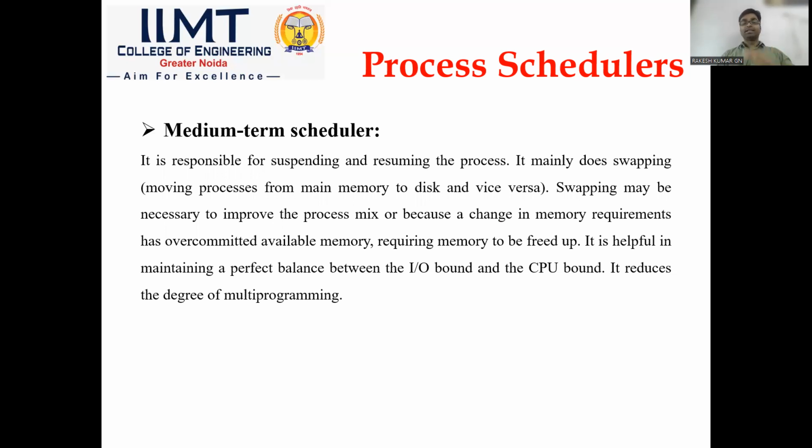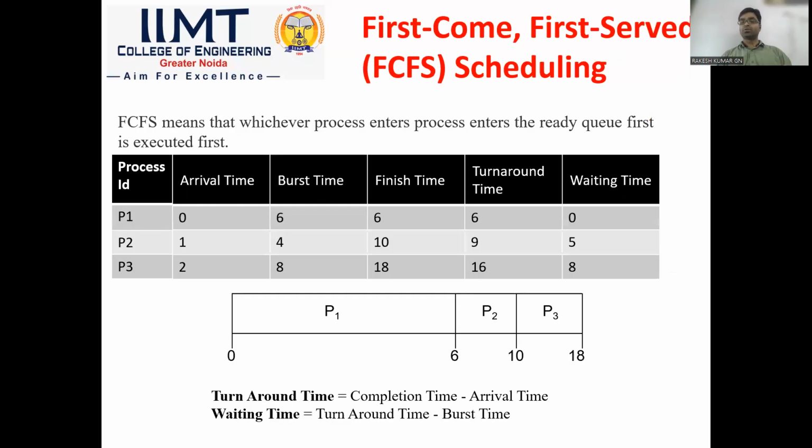Swapping may be necessary to improve the process mix, or because of a change in memory requirements, or overcommitted available memory, requiring memory to be freed up. So the midterm scheduler works when a process needs IO to complete its execution.